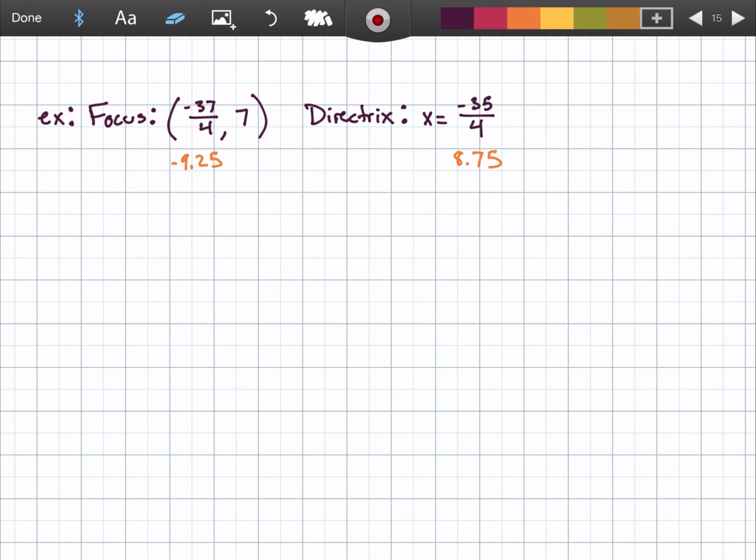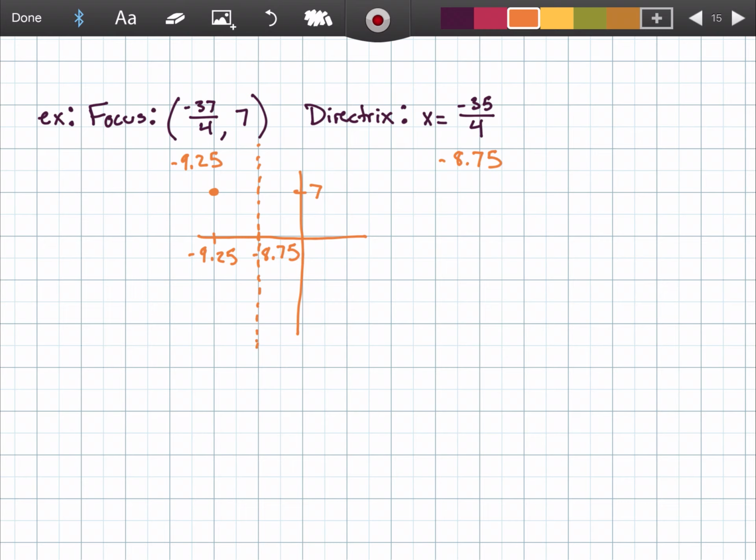So if I just draw it, call this 7. This is going to be negative 9.25. There's my focus. That one's going to be negative 8.75. It's x equals, so it's a vertical line.